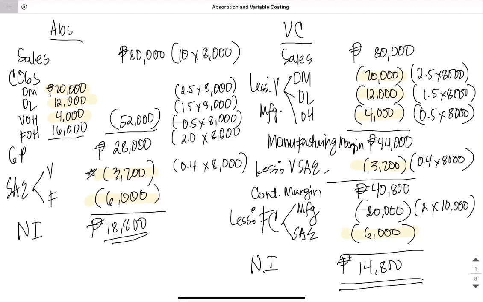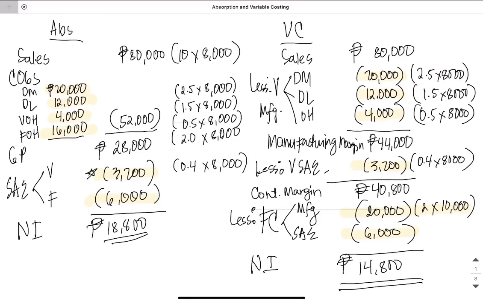So the only difference, I just have to reiterate this one, the only difference lies on the fixed overhead cost or the fixed manufacturing cost. Under the variable costing method, the entire 20,000 will be expensed, regardless whether the entire number of units that we have produced, which is 10,000, have also been sold during the current year.